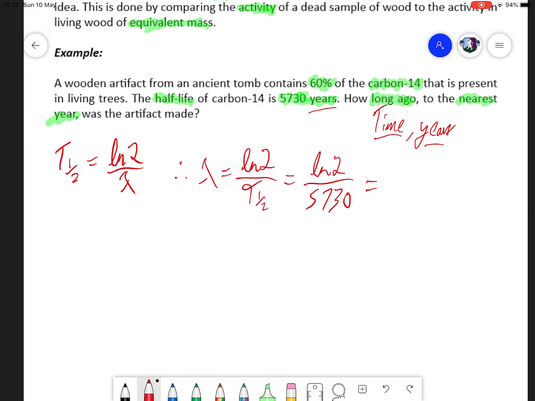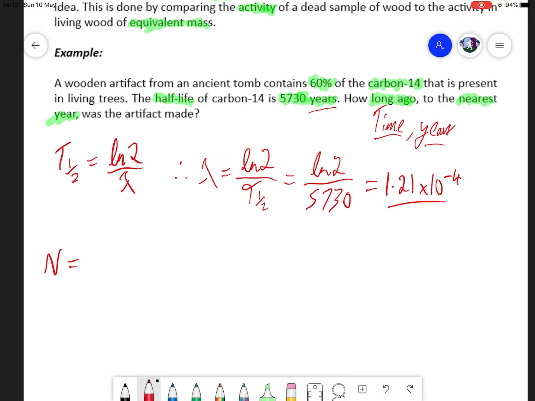So once we plug that through, we will end up with a value of 1.21 times 10 to the power of -4. Don't worry about units, you won't be assessed on it, but keep that number in your calculator.